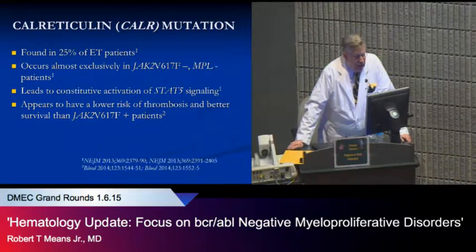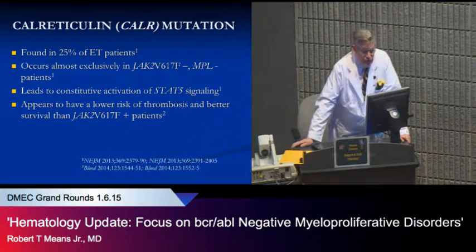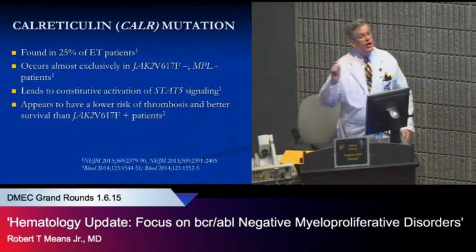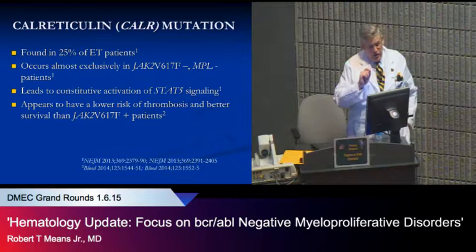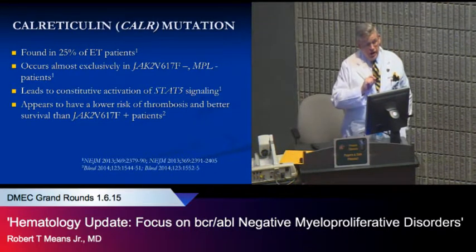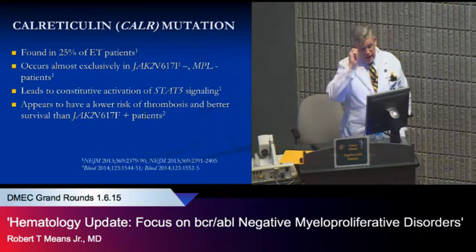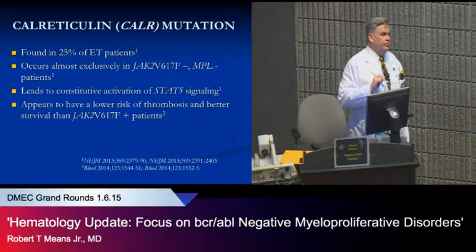But in any event, this leads to activation of STAT5 signaling, and again prompts platelet megakaryocytes to survive and produce more platelets. Now, if you are calreticulin positive, you appear to have a lower risk of thrombosis than JAK2 positive patients, and you appear to have a somewhat better survival.